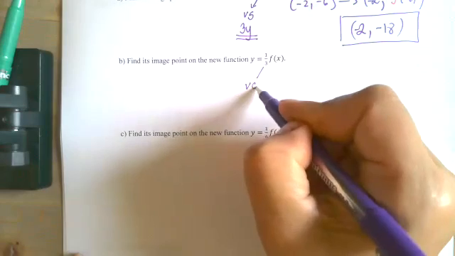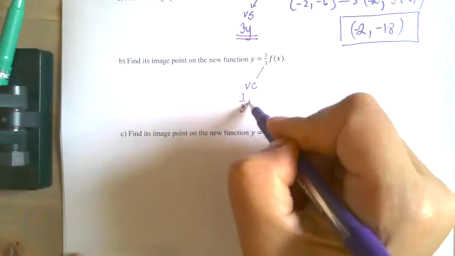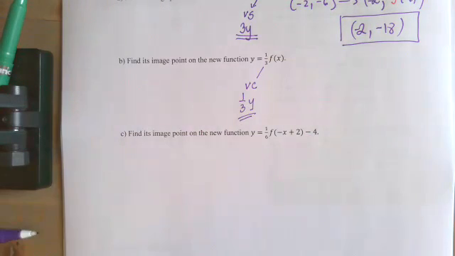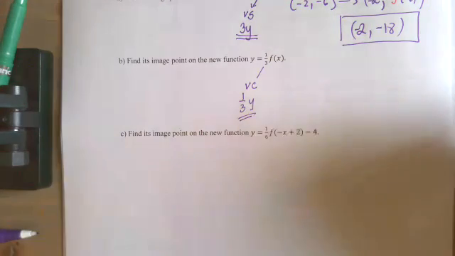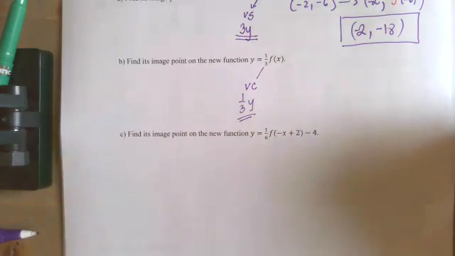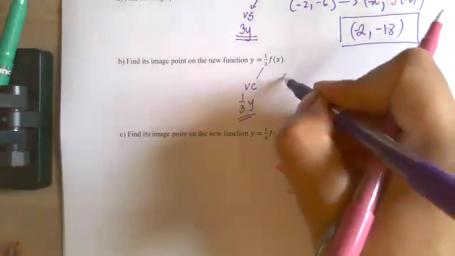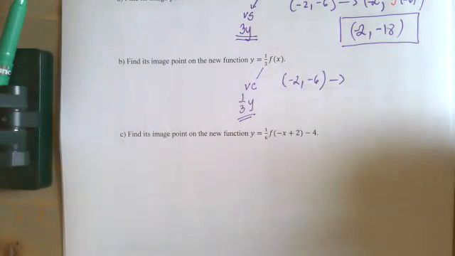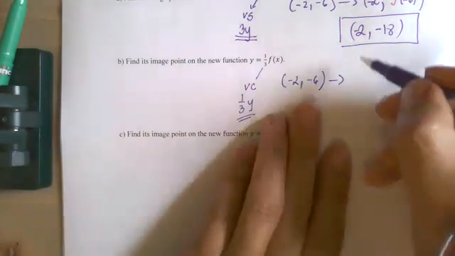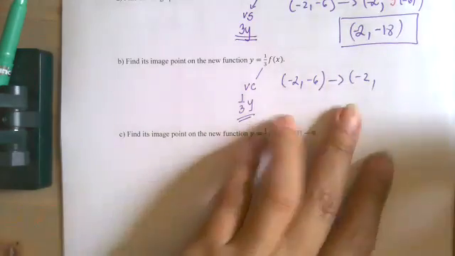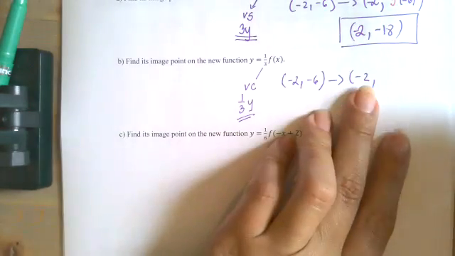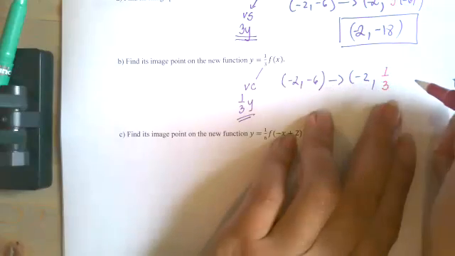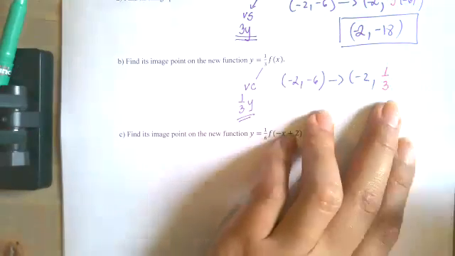This is a vertical compression by a factor of 1/3. Again, it tells you exactly what to do once you understand and memorize what you have to do for the transformation. All you gotta do now is apply it on the point. -2, -6. A vertical transformation doesn't affect our x coordinates, so -2 stays, and all you gotta do is multiply our y by the factor 1/3.